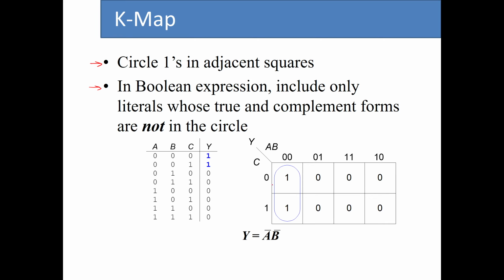For this function, I said that a and b are common between these two ones, and their value is always 0, while c has both of its values. So it can be 0 or it can be 1, right? Because of that, it is not going to be included in the final Boolean equation, while a and b are in the final equation. Why? Because their value is fixed between these two ones that we have here.